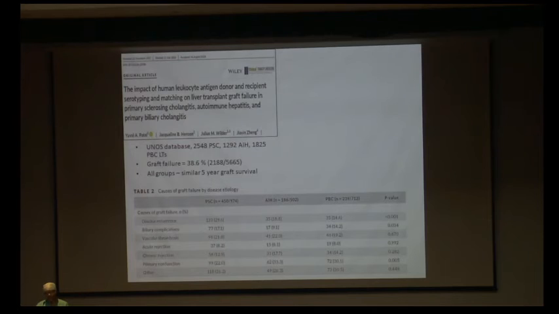These are patients who are more predisposed to rejections and more predisposed to immune attack. So they have taken these patients. The overall graft failure in the long run was 38.6%. All the groups had similar 5-year graft survival. And as you can see, the causes of graft failure were almost similar except for disease recurrence, which was higher in PSC patients.